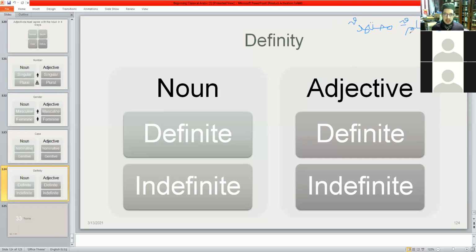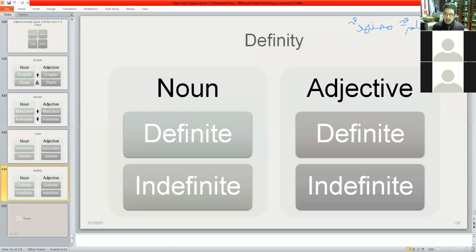It had tanween, which indicated that it was indefinite, a Muslim, one of many Muslims. And so mujtahid also had to have tanween to match the noun that it describes.